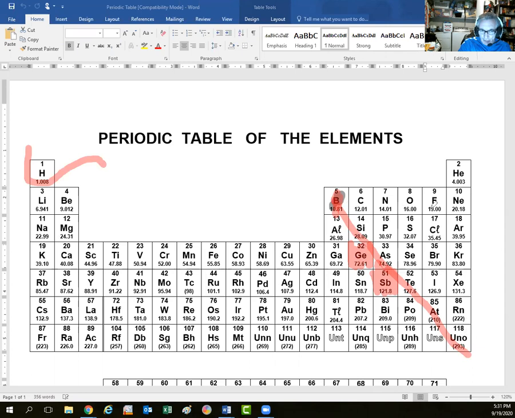Everything to the right of that divide is a non-metal. And so we can say that phosphorus is more metal-like than chlorine because it's closer to the metal side of the table. And normally it's the metal or the most metal-like substance which is listed first in the formula.